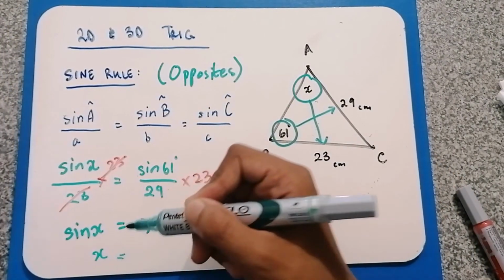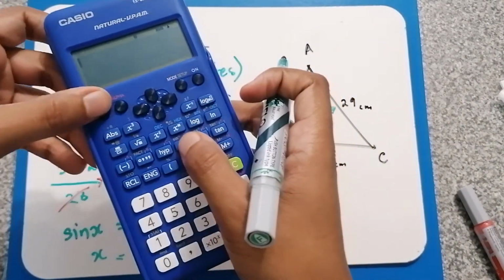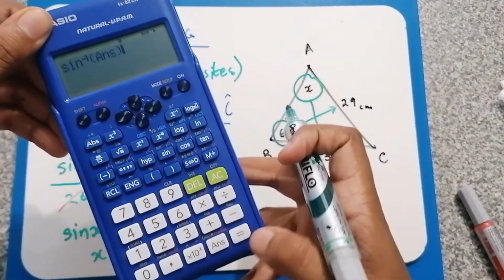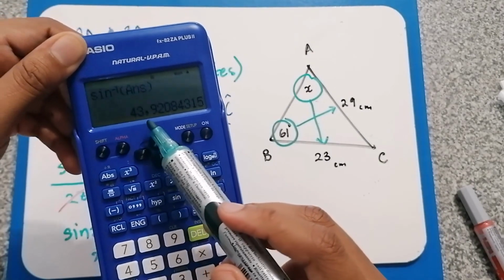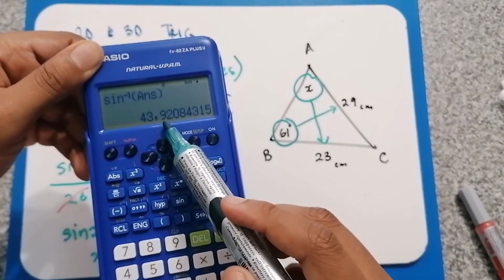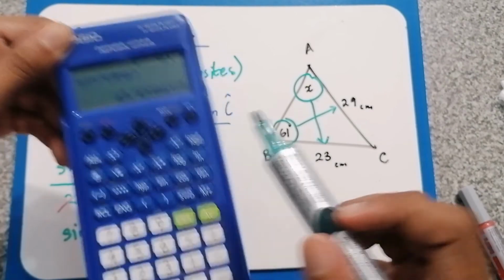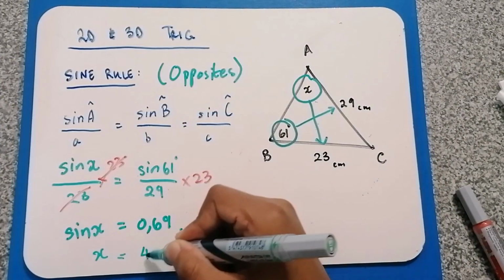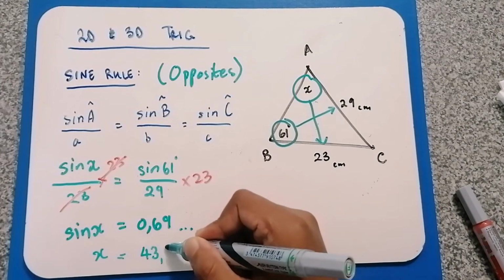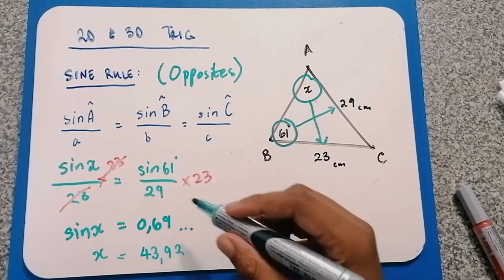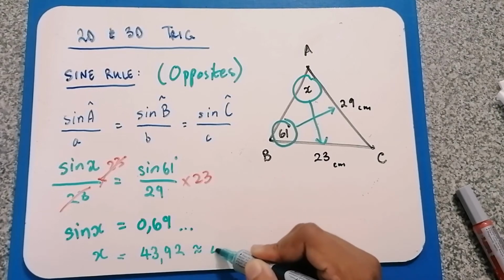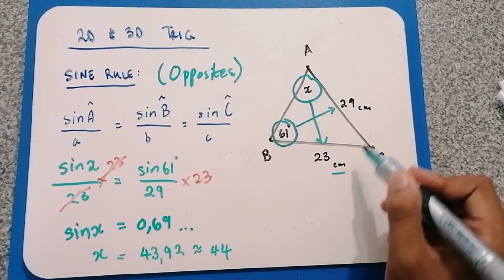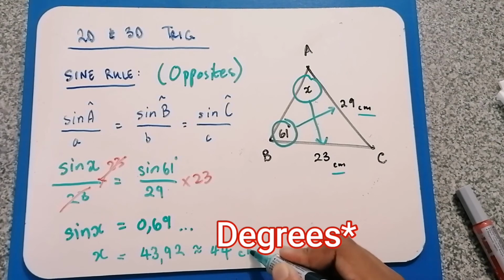So let's say shift sine of that answer, and the answer we get here is 43.92. If I want to round it off to the nearest whole number, this will be 44. And since our units are centimeters, I'll just say 44 centimeters.